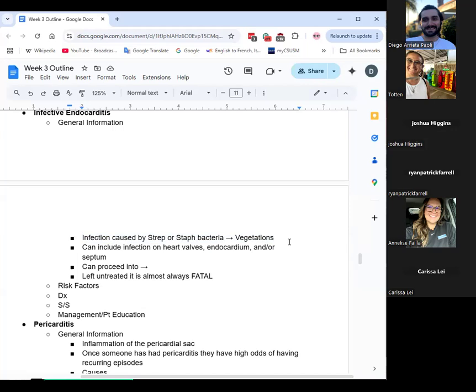But because the valves are constantly being used, it's difficult to get rid of it, so you need the specific treatment for this. It can involve infection of the heart valves, endocardium, septum. But in general, the main thing you need to know with endocarditis is what can it lead to?